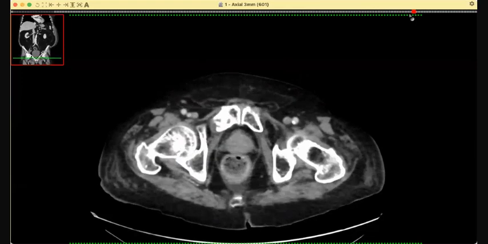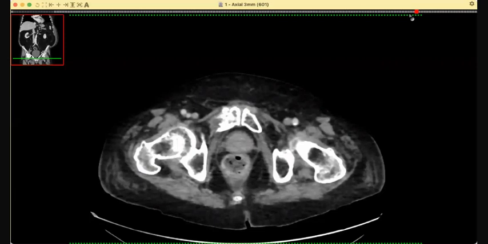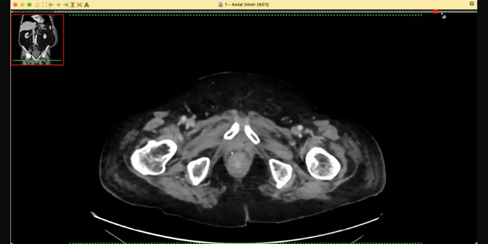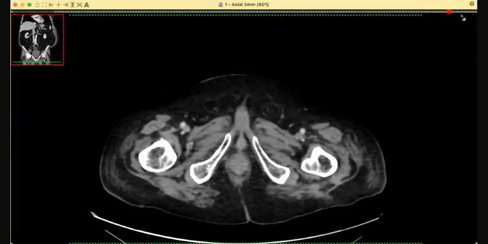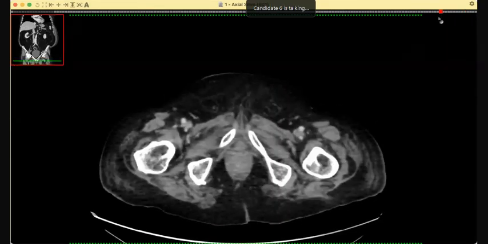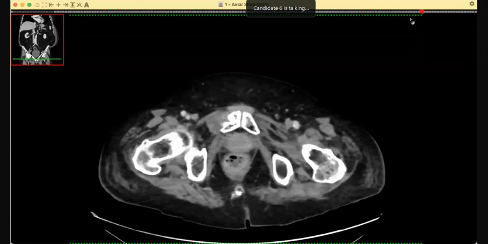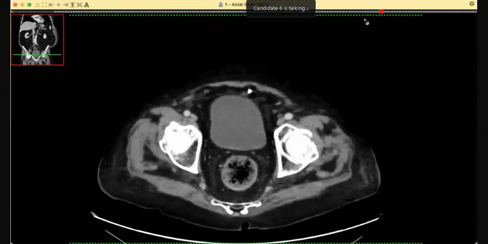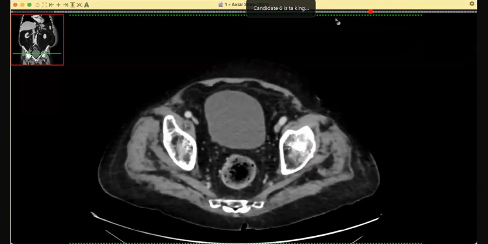Anything else? Okay. Looking at the pelvic sections. The urinary bladder appears normal.